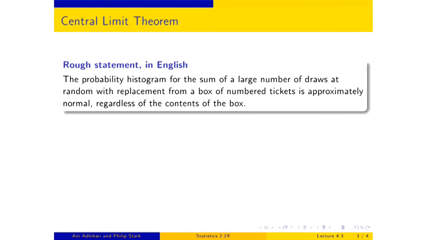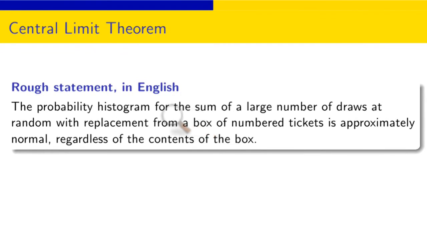Central because it is the heart of the subject, which says that if you have any box at all and you take the sum of a large number of draws from that box, then probabilities for that sum are roughly normal. It doesn't matter how awful the box was that you started with, as long as you draw a large number of times with replacement and add up the draws. Probabilities for the sum are going to be roughly normal.